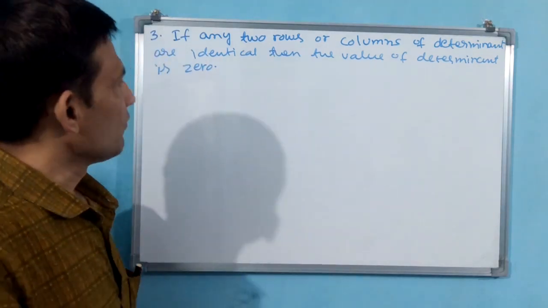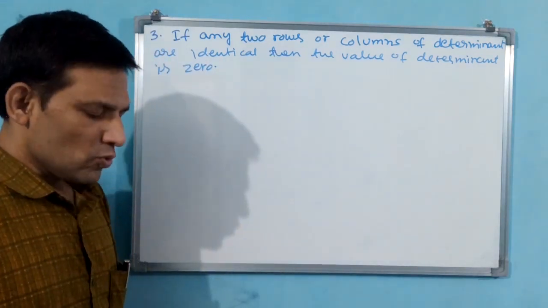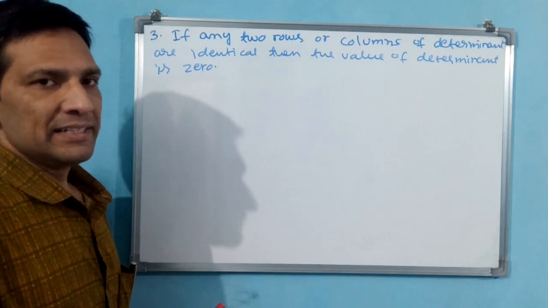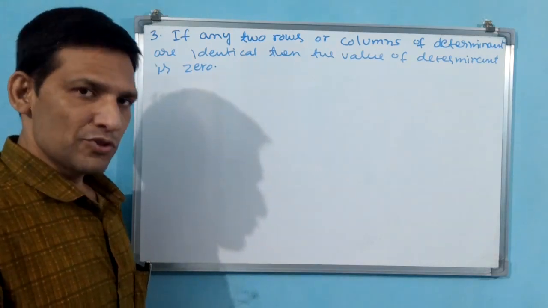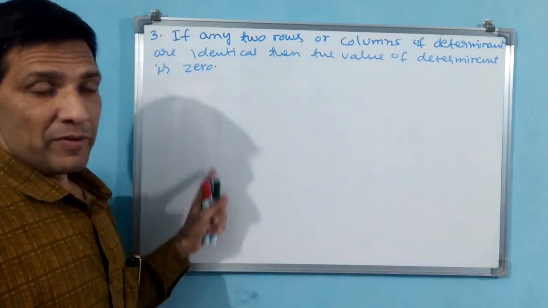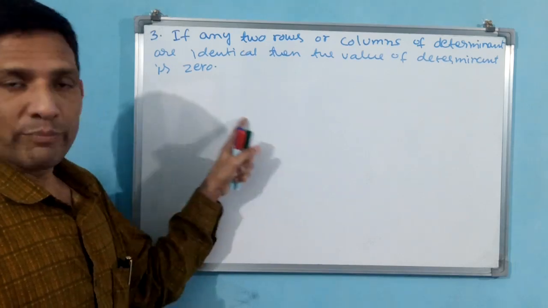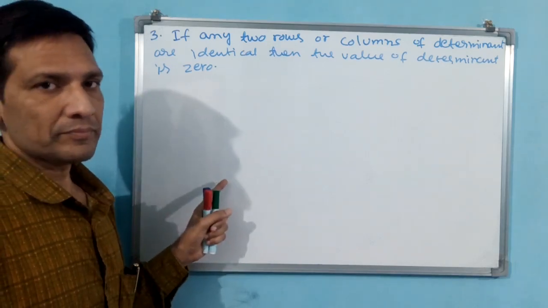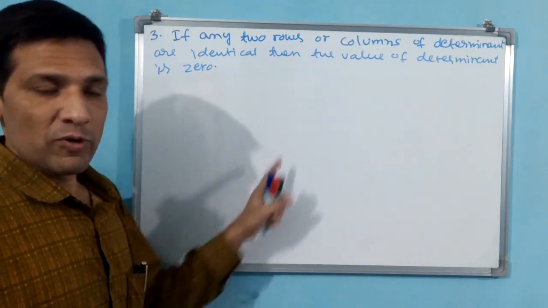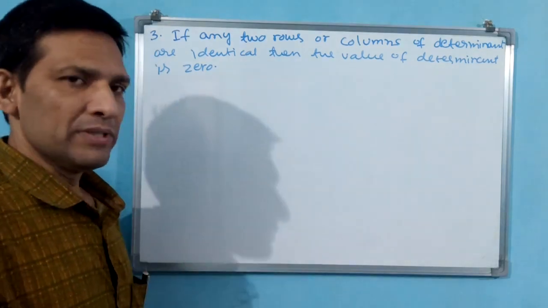If any two rows or columns are identical, then the value is going to become 0, like I said. For verification, we will put two rows the same. For proof, we put two columns the same. Then we will see the proof.